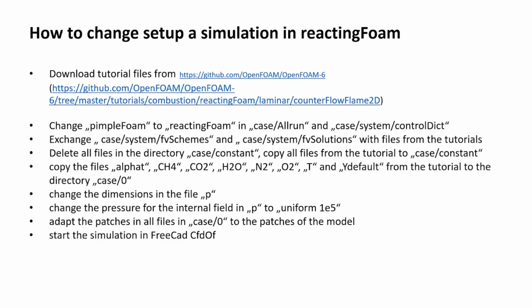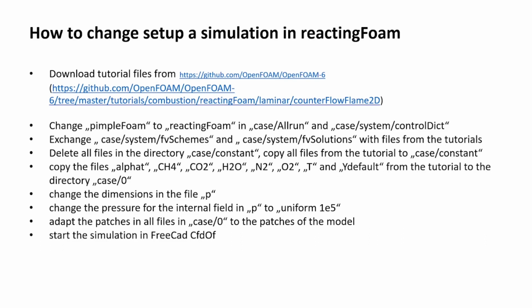You must also exchange the fvSchemes and the fvSolution with the files from the tutorials. In the directory constant, you must also eliminate all the files and then copy them from the tutorial files. You must copy the files alphat and so on from the tutorial files into the directory case 0.